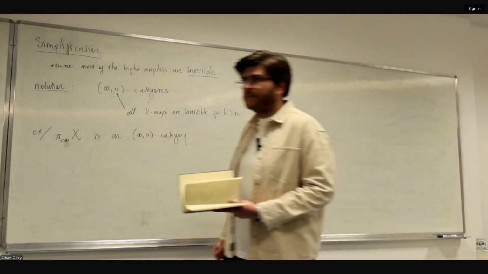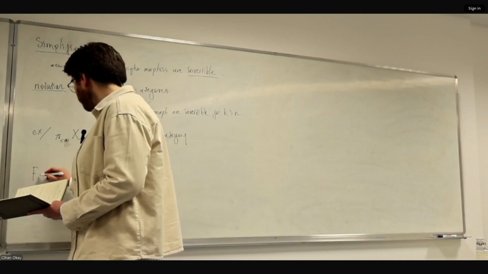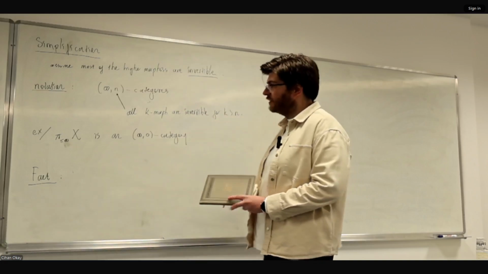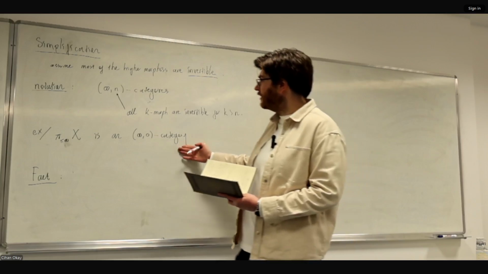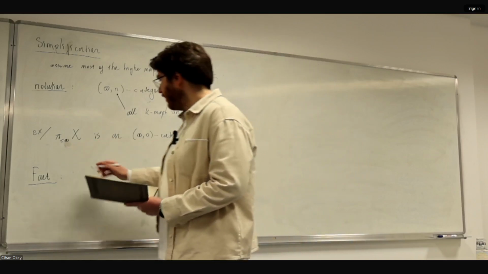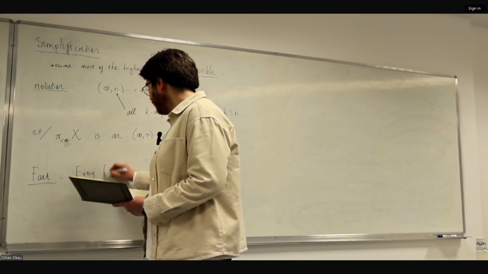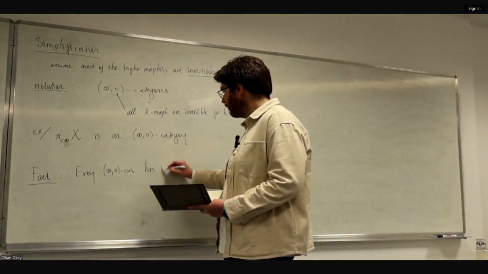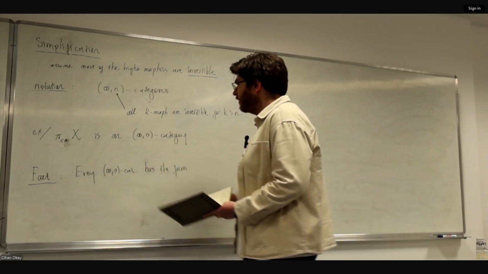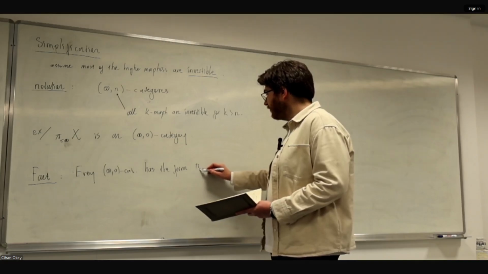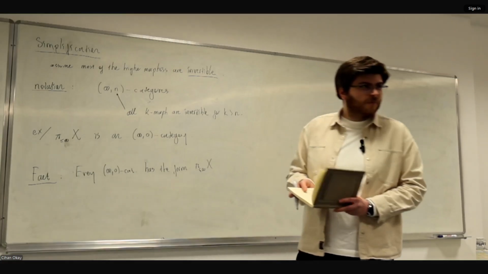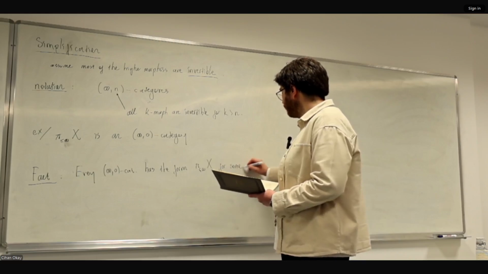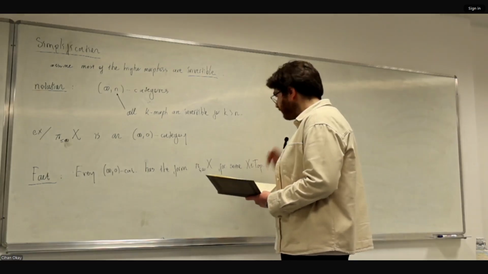Okay, so we have a nice, important fact. Therefore, (infinity, 0)-categories are not that interesting, because the classification is just something like this. Every (infinity, 0)-category has the form of the fundamental groupoid of some topological space x in Top.